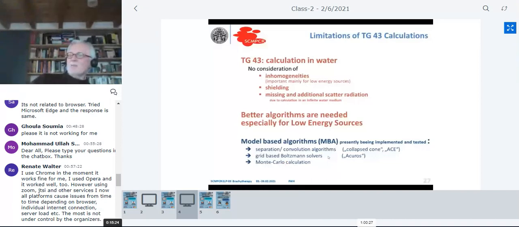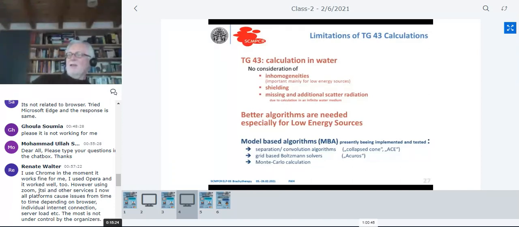The differences between Monte Carlo calculations, or between model-based algorithms, and TG43 are actually small. They're only large, for instance, at the patient surface.